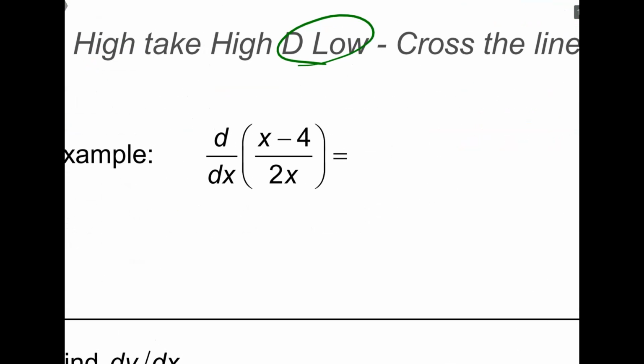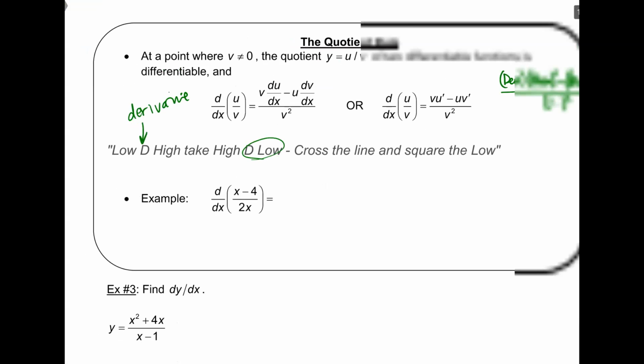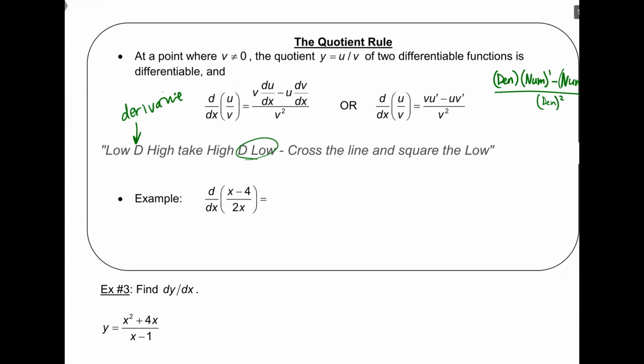So let me list out what u and v are. What is u? x minus 4. What's u prime, the derivative of this? 1. What's v? 2x. What's the derivative of v? 2.